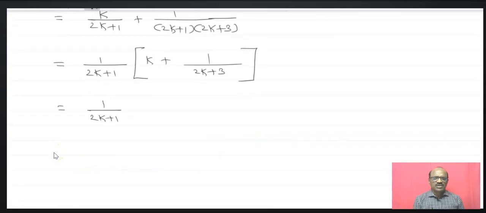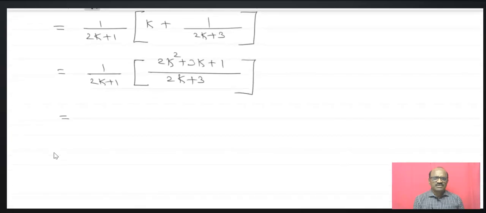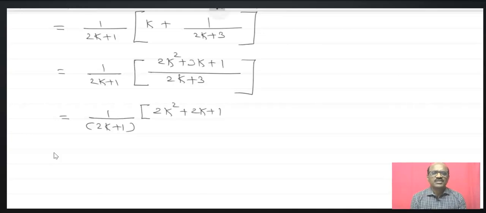that is 1 upon 2k plus 1, 2k square plus 3k plus 1 upon 2k plus 3. Therefore 1 upon 2k plus 1, 2k square plus 2k plus k plus 1 upon 2k plus 3.